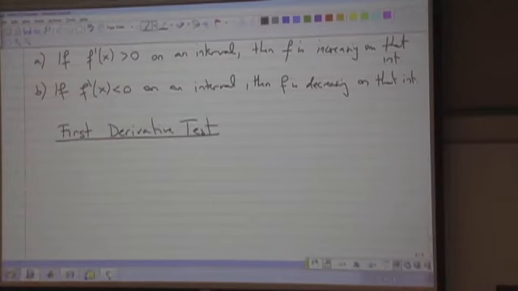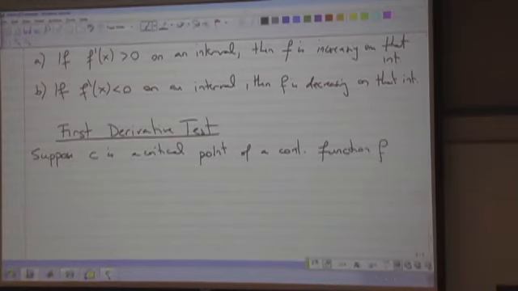And it says the following. Suppose C is a critical point of a continuous function f.